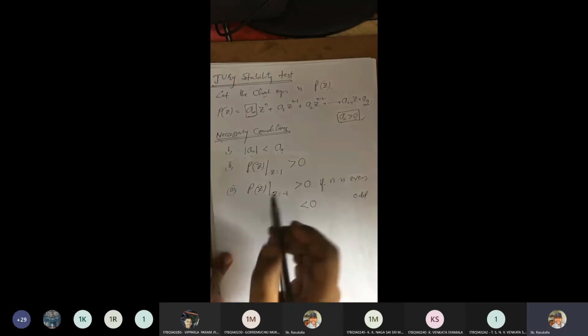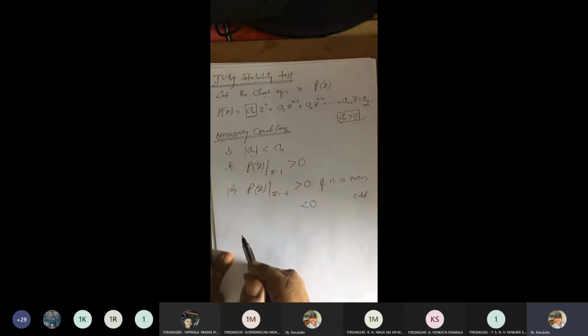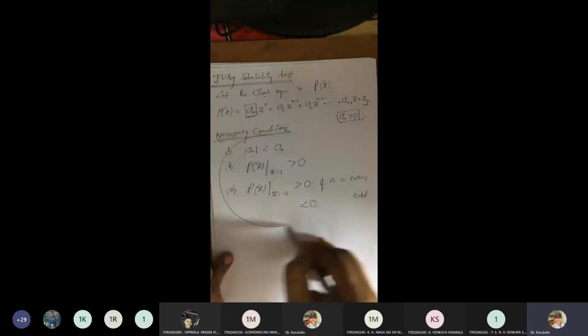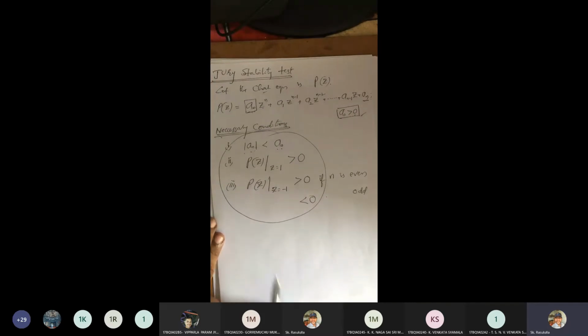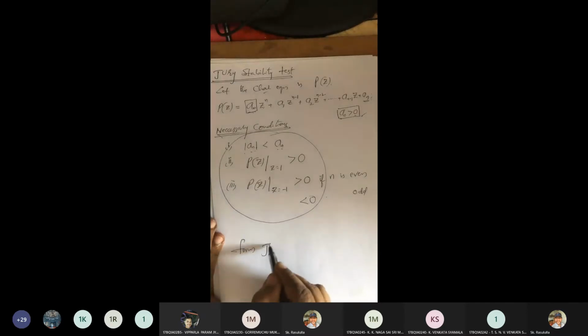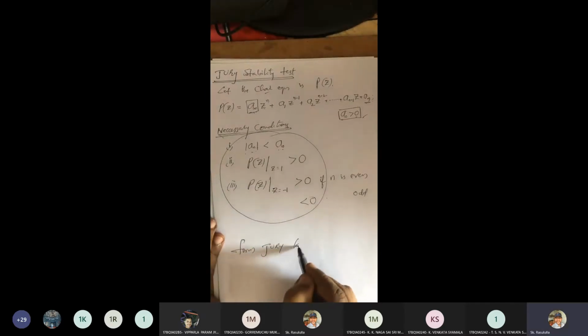So these three are the necessary conditions. Once these conditions are satisfied, then we go for the further test, that is the Jury stability test. Form the Jury table.